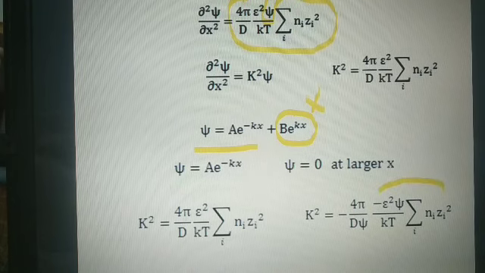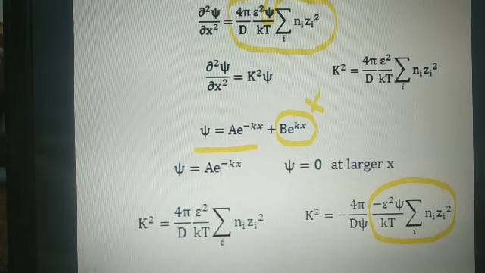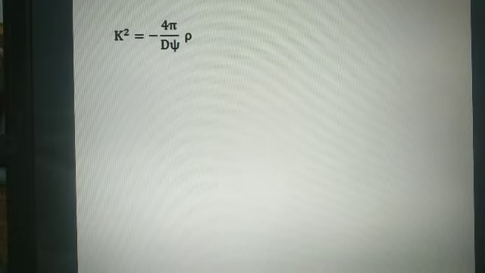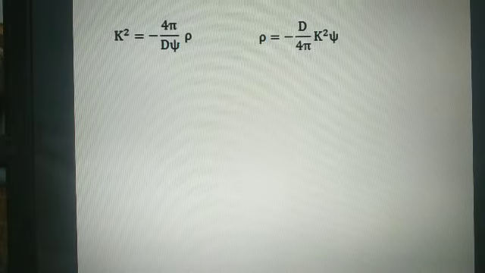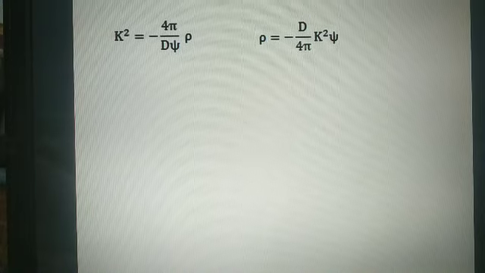Now see this part. This part is the rho part. It is the electrical density. So substituting rho for this, we get k square is equal to minus 4 pi upon d, multiplied by the rho. From here, the value of rho is calculated. It is minus d upon 4 pi, k square into psi.